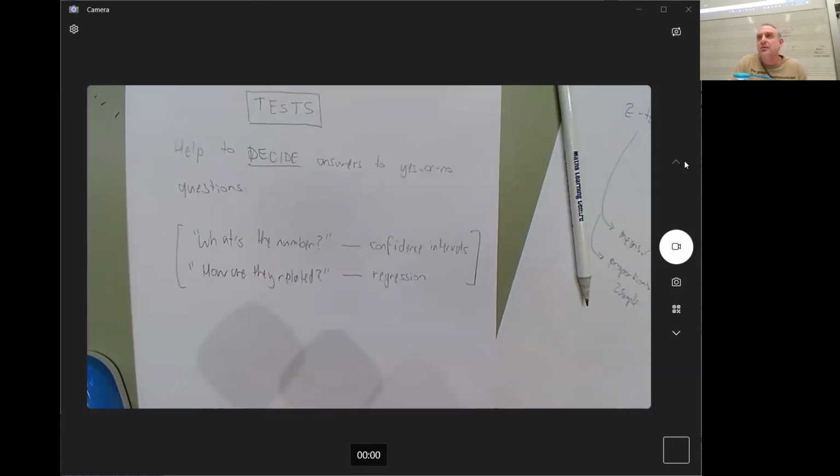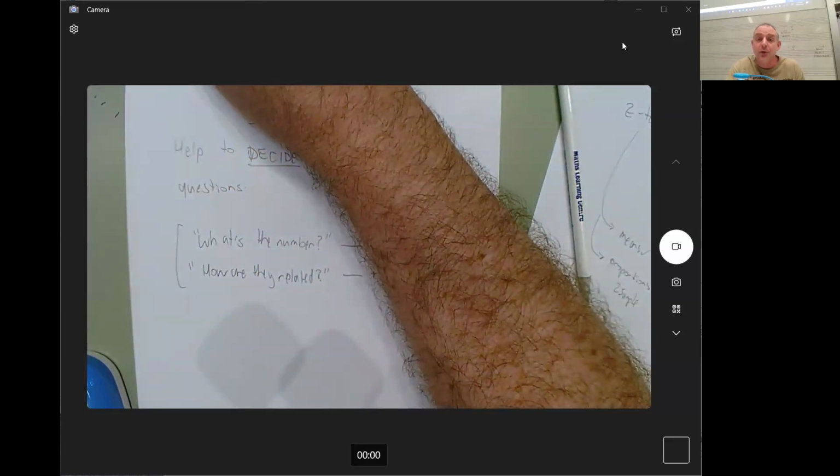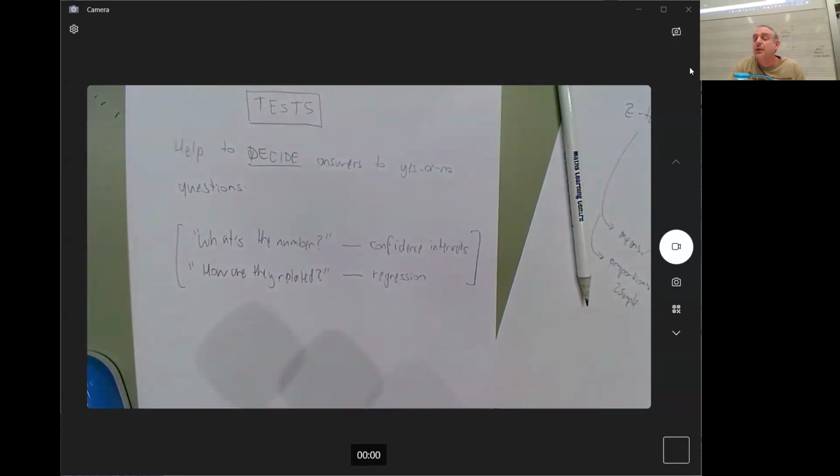And one of the answers, either yes or no, depending on the way you ask the question, is called the null hypothesis. If you ask your question right, it will be the answer no that you're looking for, but it depends how you ask the question. If you ask the question along the lines of, is there a difference?